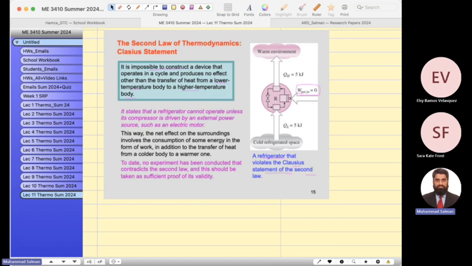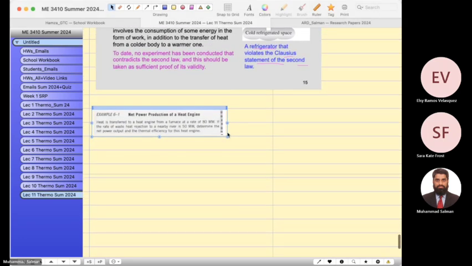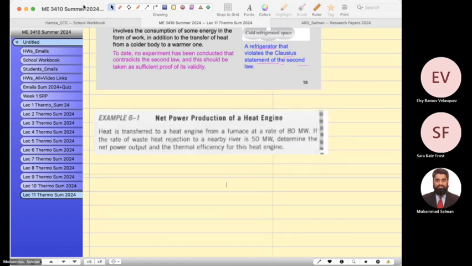Okay, let's do one problem. Heat is transferred to a heat engine.